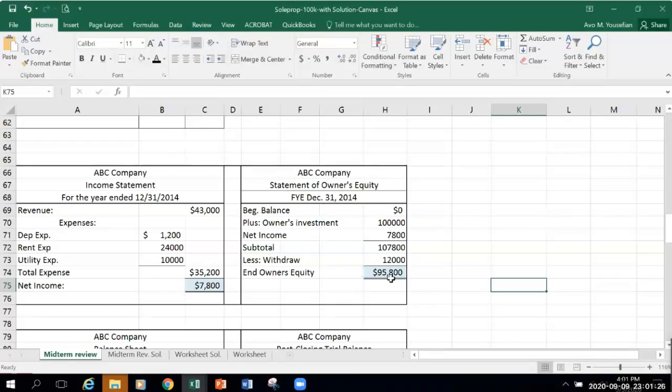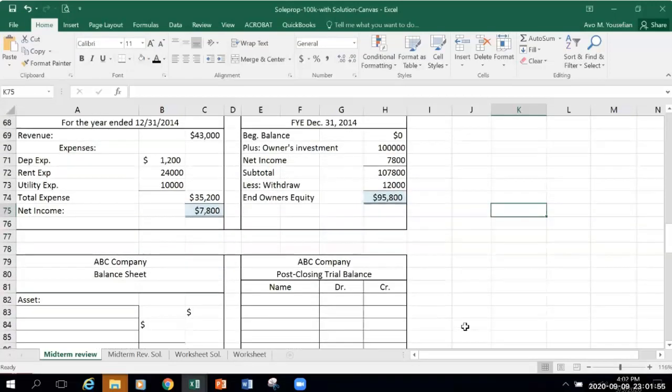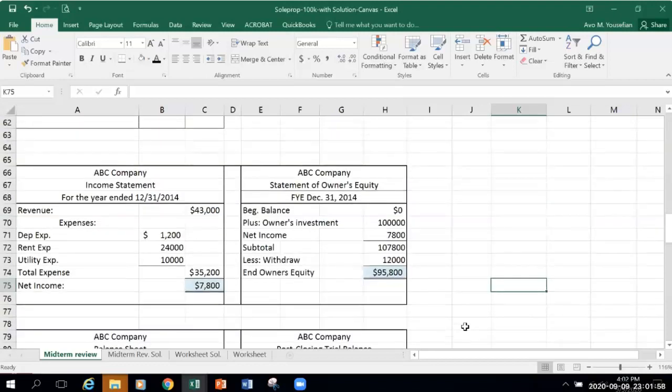The difference of $120,000 and $95,800 owner's equity, that will become gain, capital gain on sale of business. And next year, this owner has to show that capital gain on sale of business in his next year tax return.